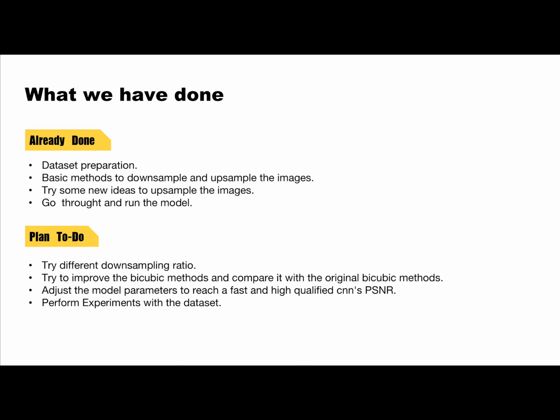For the next steps, we will try different downsample ratios, and we will also try to improve the bicubic methods and compare them with the original bicubic methods. Also, we will try to adjust the model parameters to reach a fast and high-quality CNN PSNR compared with the original ones. And also, we need to perform more experiments with the dataset and improve our results.